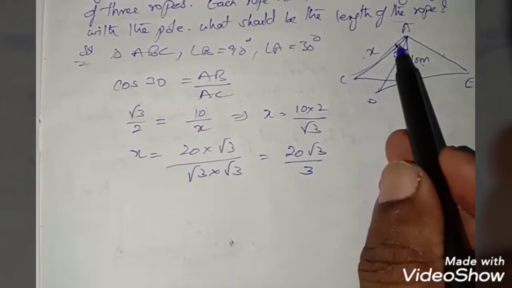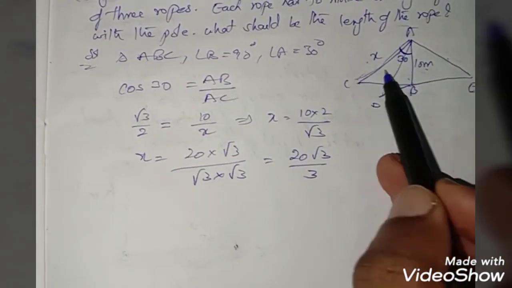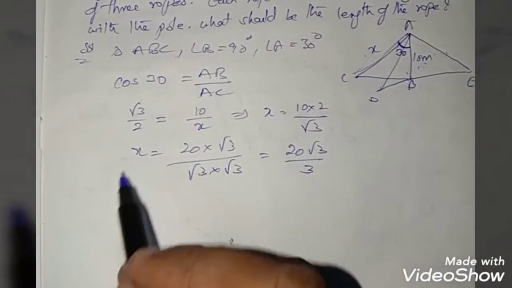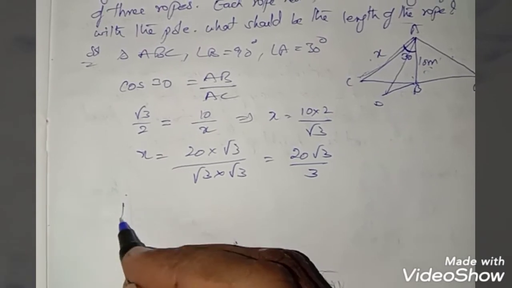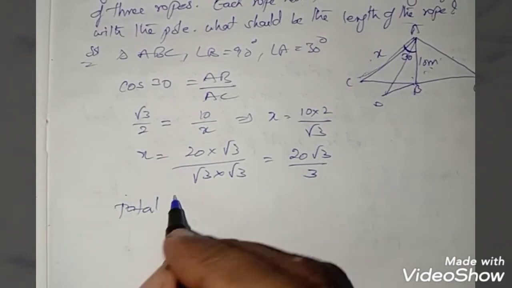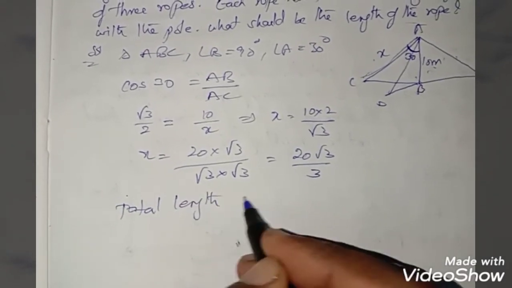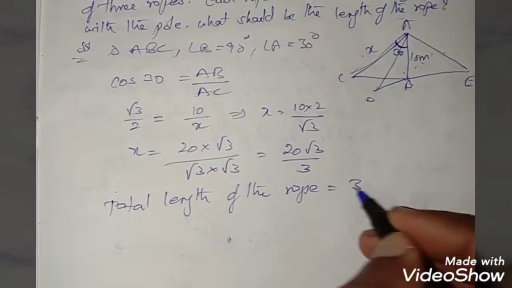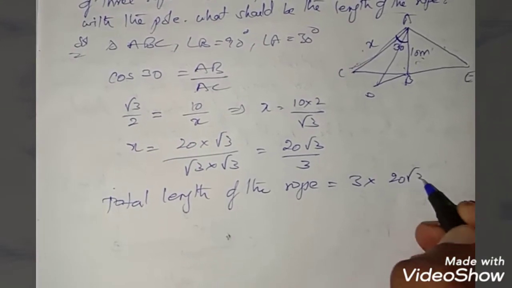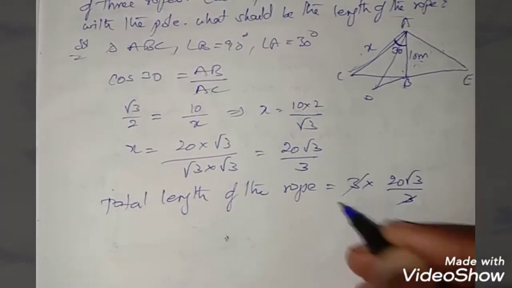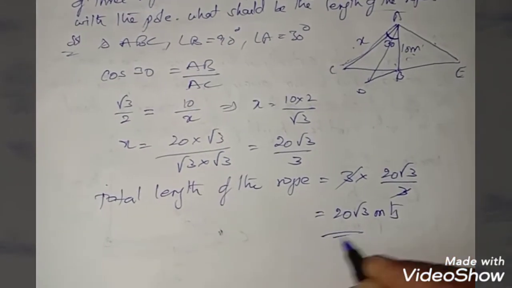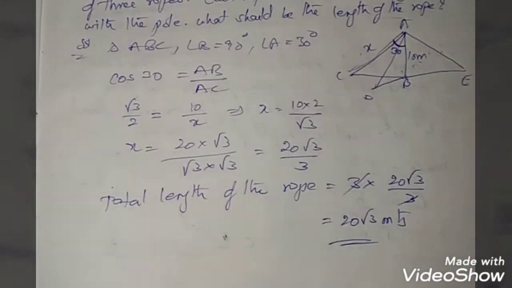This is the length of only one rope, so you multiply into 3, that is total length of the rope is equal to 3 into 20 root 3 by 3, means length of one rope. Now if I cancel, your answer is 20 root 3 meters. So like this you are finding the length of your ropes.